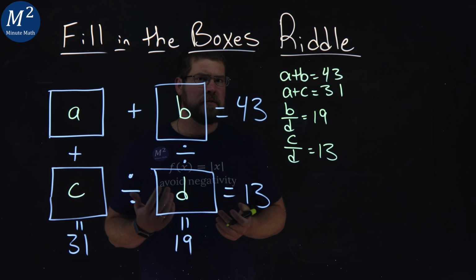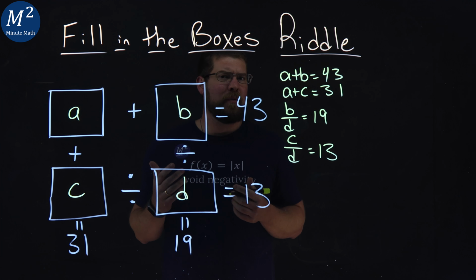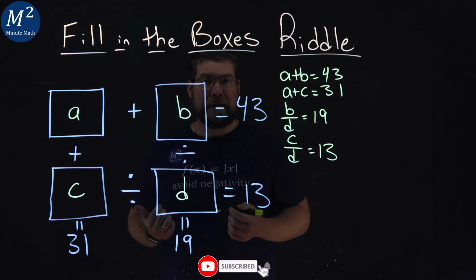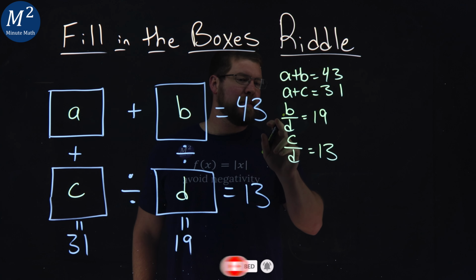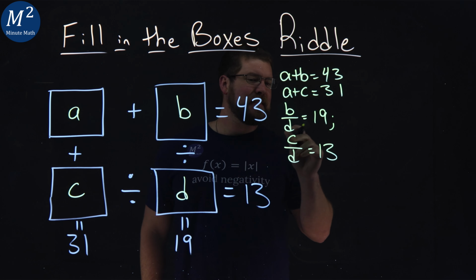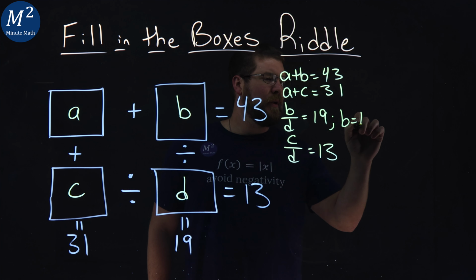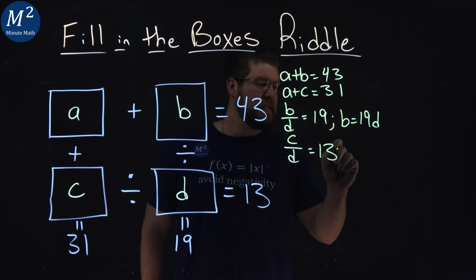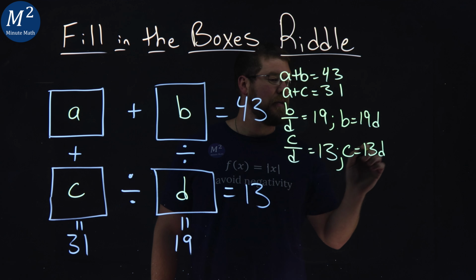And now what we want to do is use our knowledge of algebra, see if we can adapt some of these equations to solve and get the variables that we want and put them in. So let's look at these ones right here, B over D equals 19. That is the same thing as, if I multiply both sides by D, B is equal to 19D. Same thing here, multiply both sides by D, and we have C can be written in terms of 13D.